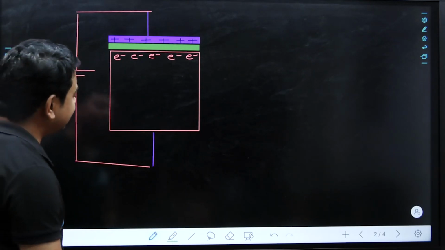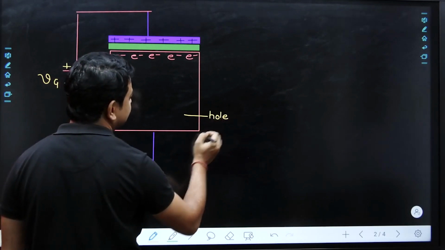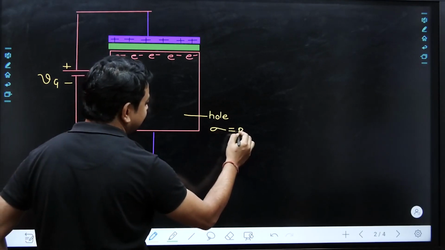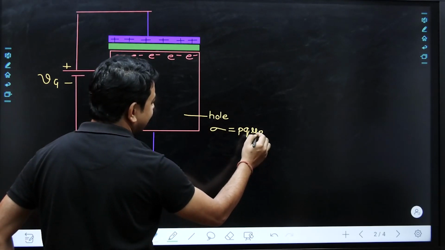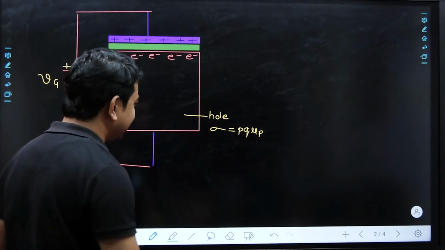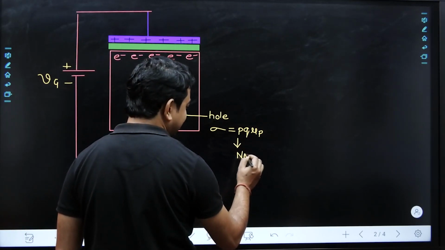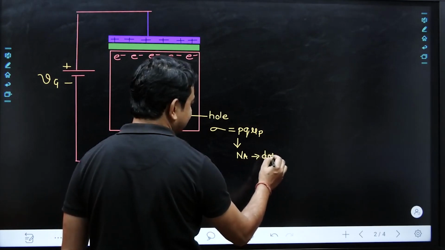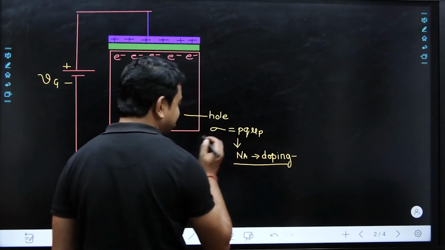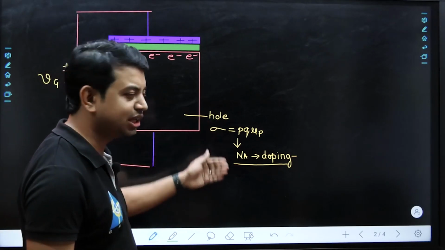You may think, why are we not using the hole concentration also to increase the conductivity? It's because the conductivity also depends on p, q, mu p. If we use the hole concentration to increase the conductivity, and we know this hole concentration is nothing but the concentration of acceptor atoms, which is the doping concentration, that means we need not apply any voltage to increase the hole concentration.